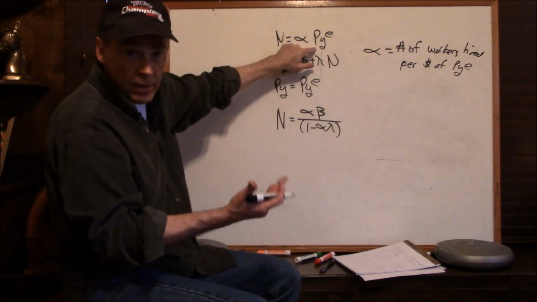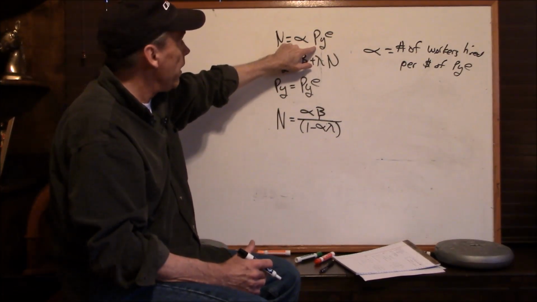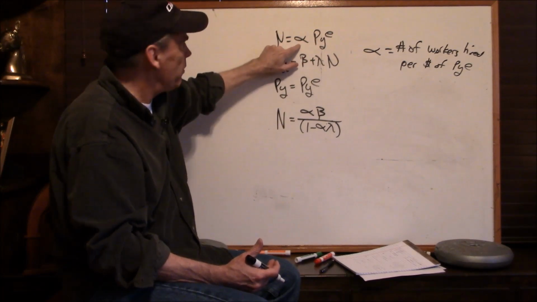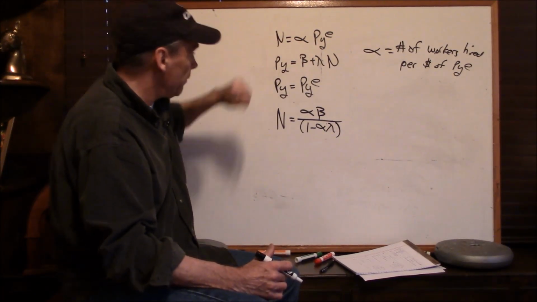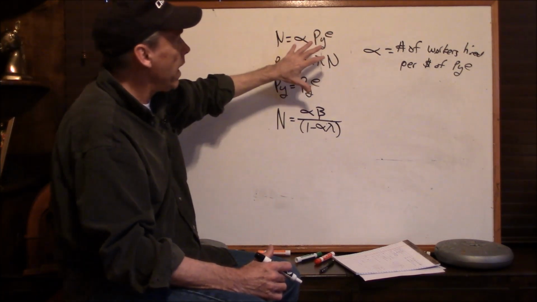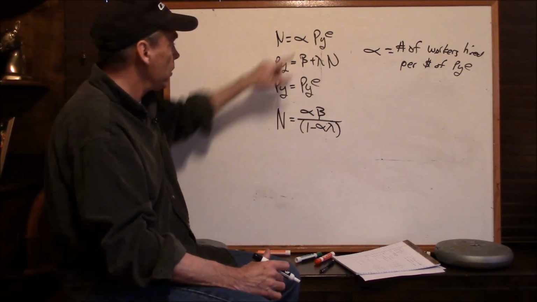Like I did with the example a minute ago, when it was 500, and 0.01, and that was 5. So how many workers are you going to hire per dollar of expected sales? That's what alpha was right there.